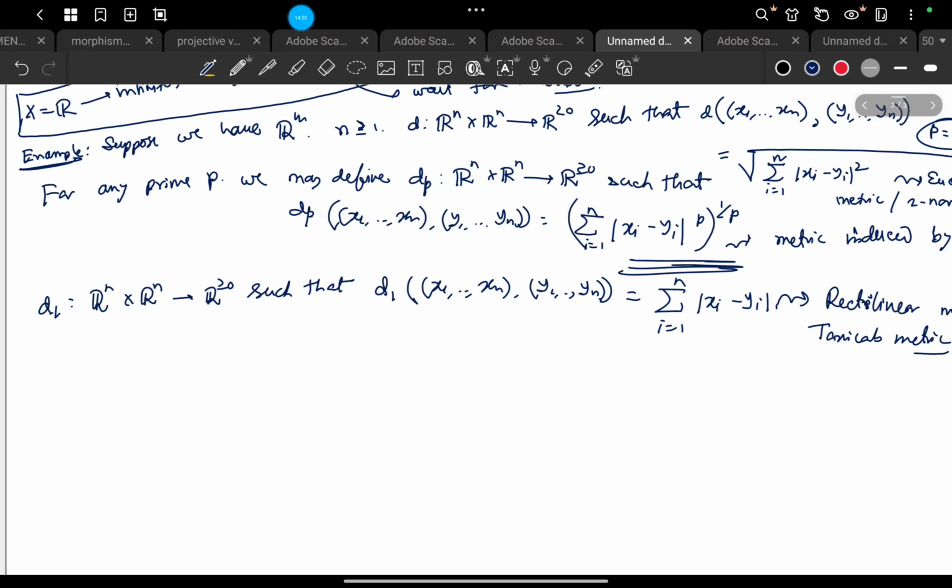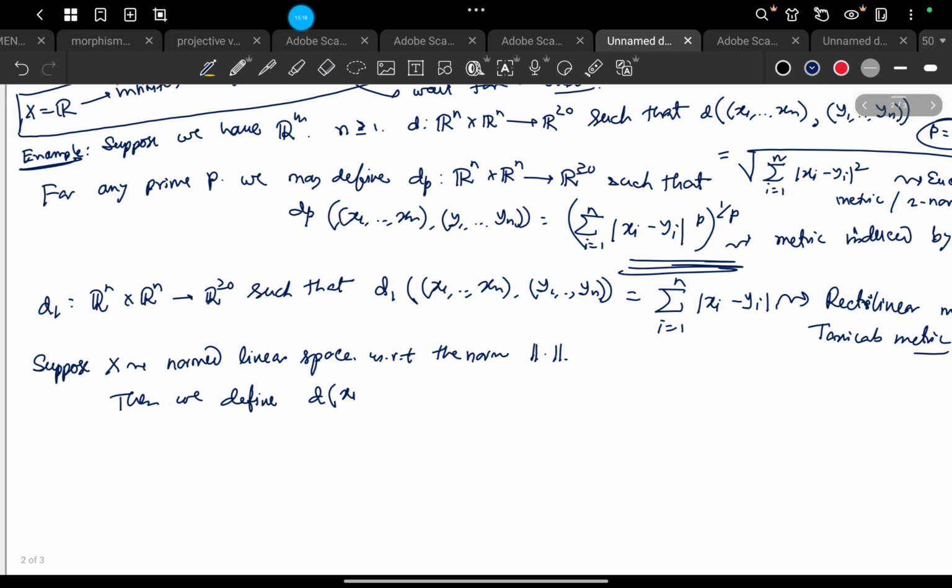In fact, if we have any normed linear space, suppose X is a normed linear space with respect to the norm, then we define d of x comma y as the norm of x minus y.